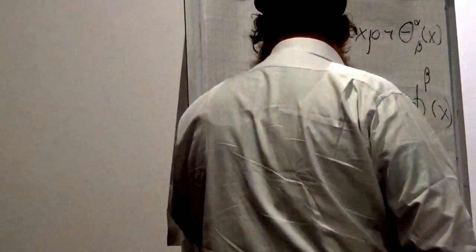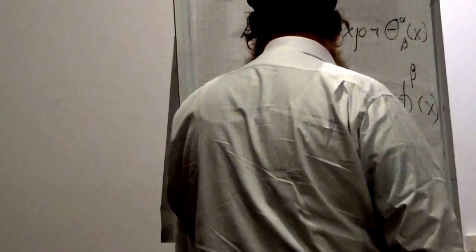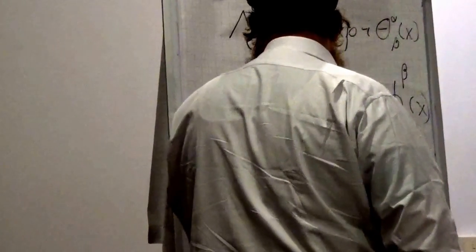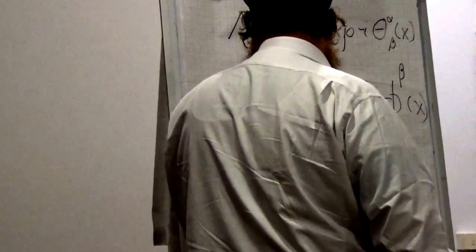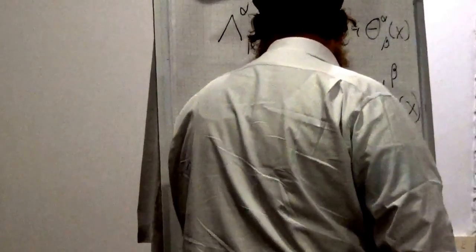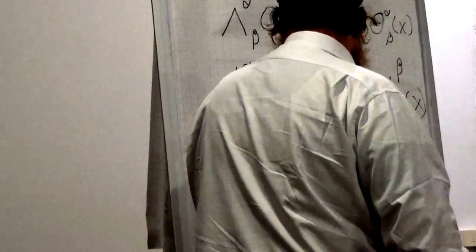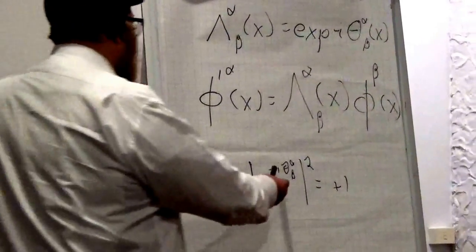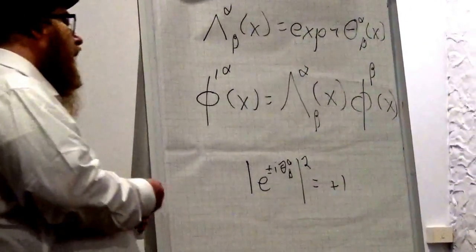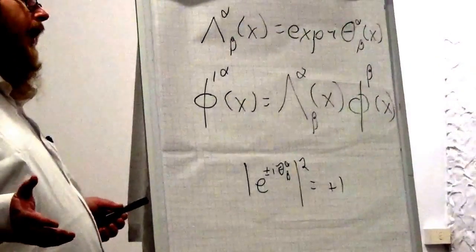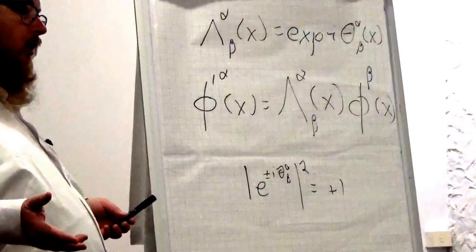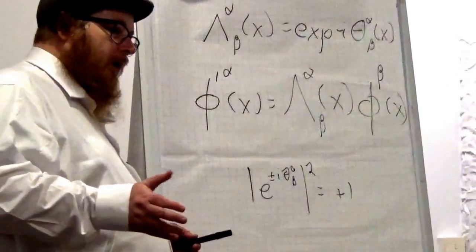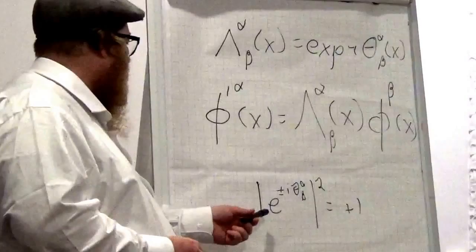Then basically what you get is, let's say that you have your square modulus of this equal to 1. Well, then basically these generators form a group, and it's a covering group that will include anything with that sort of modulus.